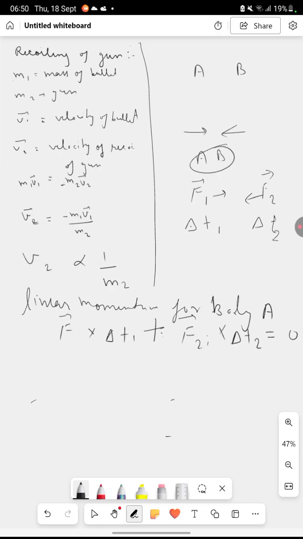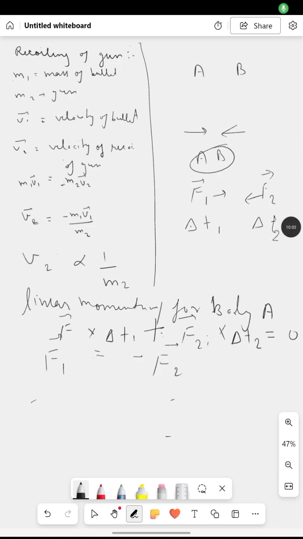So now from here we can say F1 is equal to minus F2.